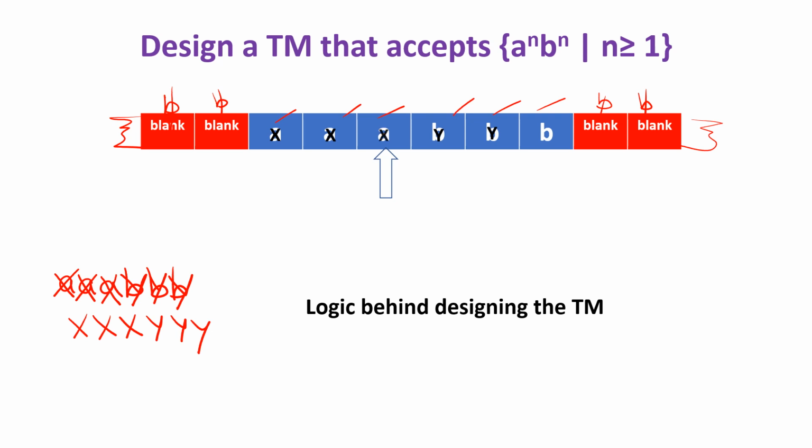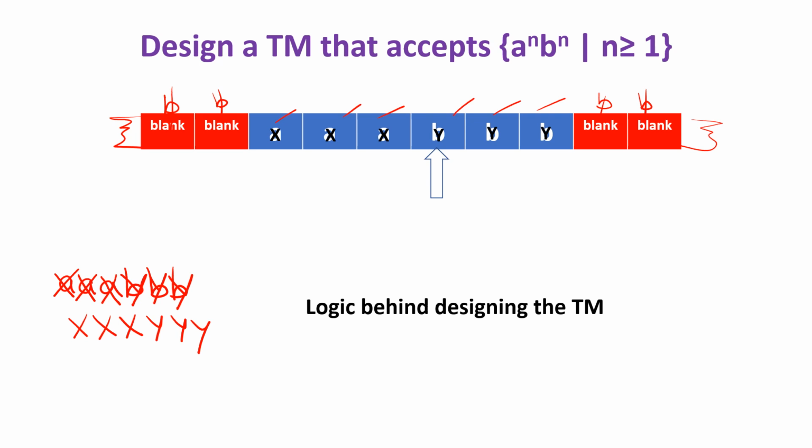Similarly, we repeat the third cycle. A is replaced by X and B is replaced by Y. Then come back towards the left until we come across the first X. Once we come across the first X, move towards the right, which must be your first A. But right now you see here it is a Y. It means all A's are exhausted.